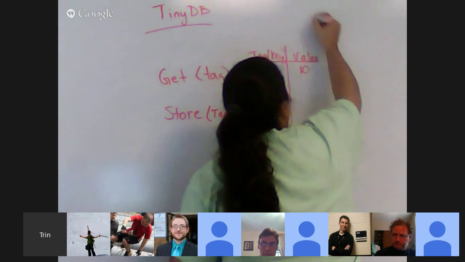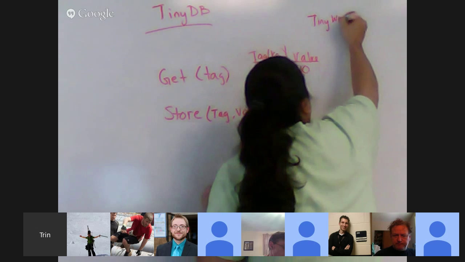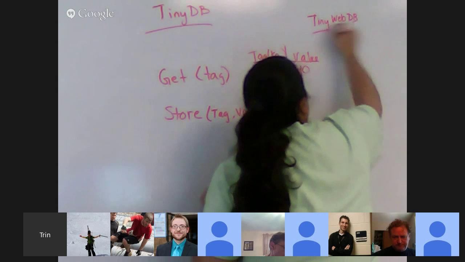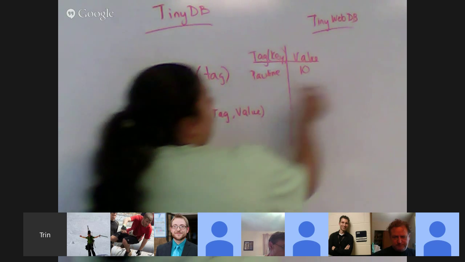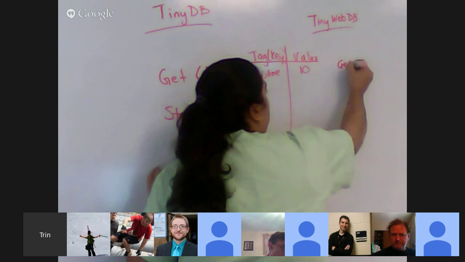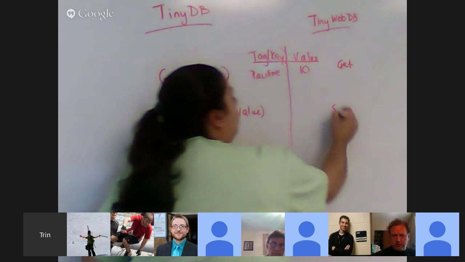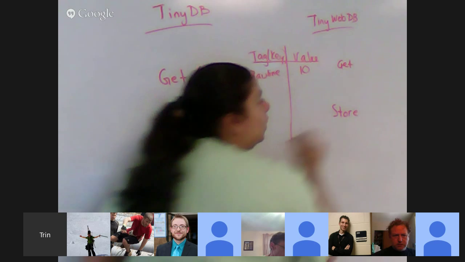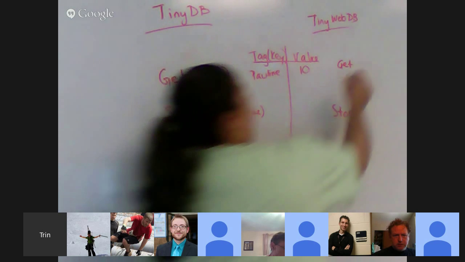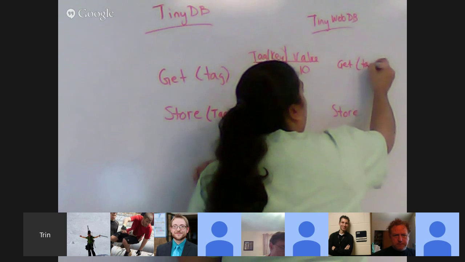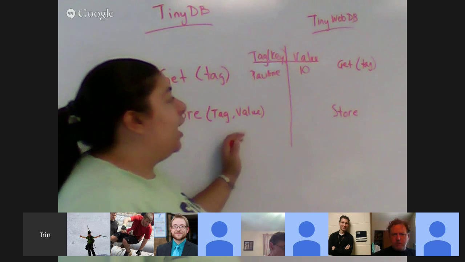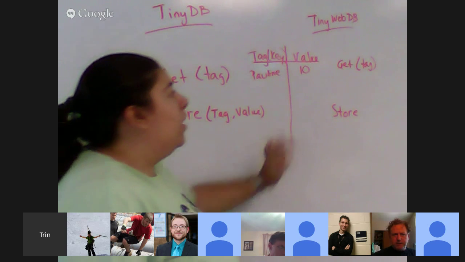So then there was TinyWebDB. You should have read about it, right? So this one you also have a get and you have a store. And then you have a tag. So same thing, set up the same way.